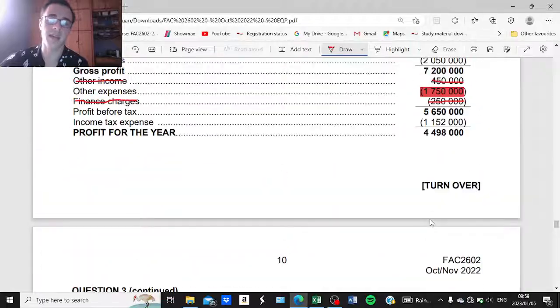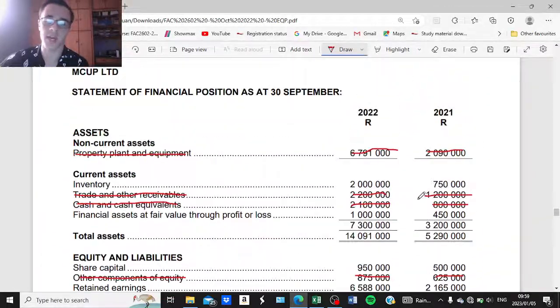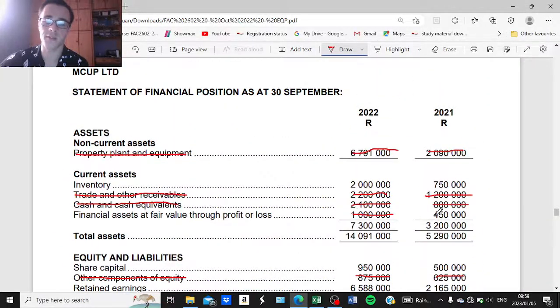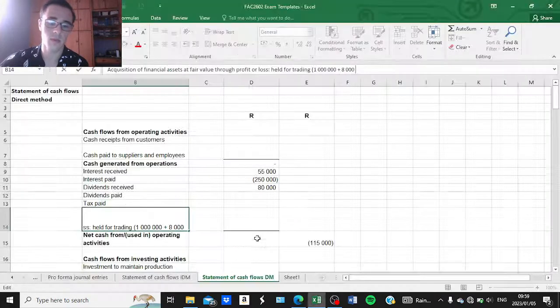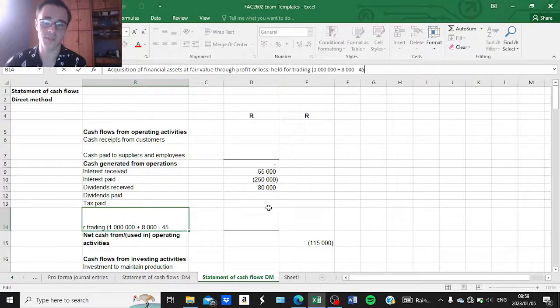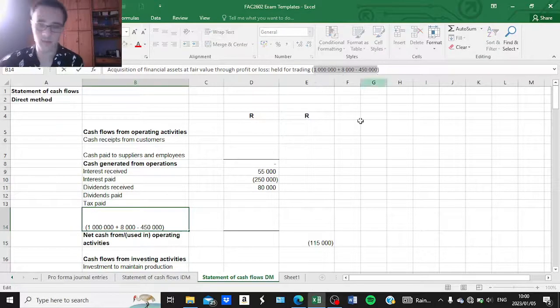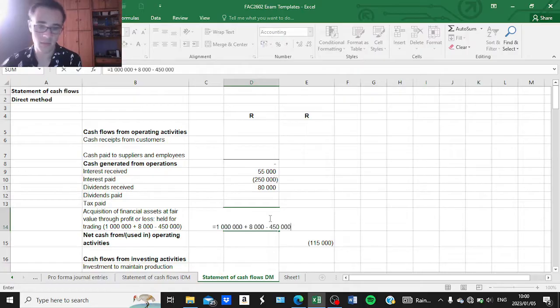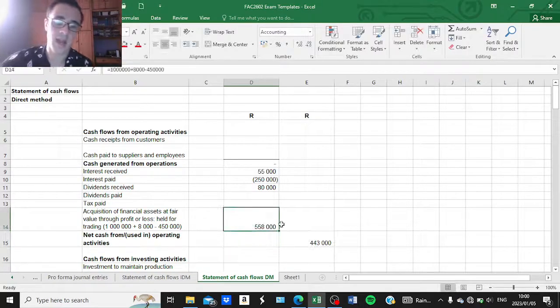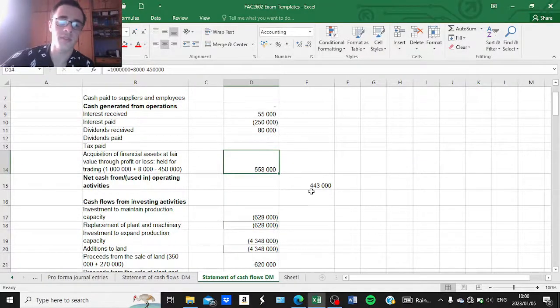All right, and then we need to subtract the opening balance of 450,000. So minus 450,000. This will give you the actual cash flow that occurred in terms of financial assets. And that amount is 558,000.